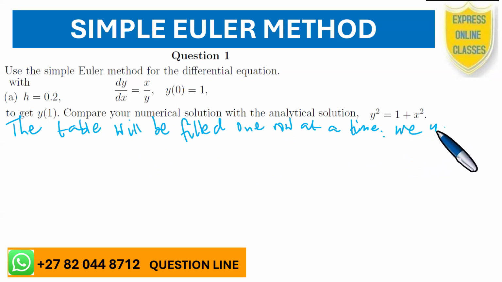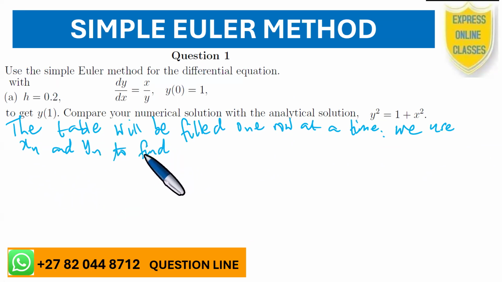We use x subscript n and y subscript n to find y prime subscript n, which is this. So the table will be filled one row at a time, as you'd expect. We use x_n and y_n to find y primed subscript n.